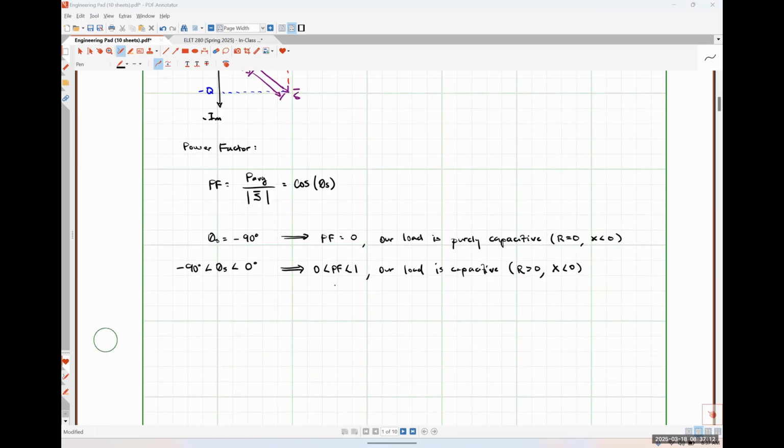So we're going to say that this is a leading power factor. So anytime we have a load that's operating at a leading power factor, we know that it is a capacitive load, okay? And all that leading power factor thing means is that the current is leading the voltage, or the current is hitting its peak value before the voltage hits its peak value, if we were to look at those waveforms on an oscilloscope or something like that. Okay.